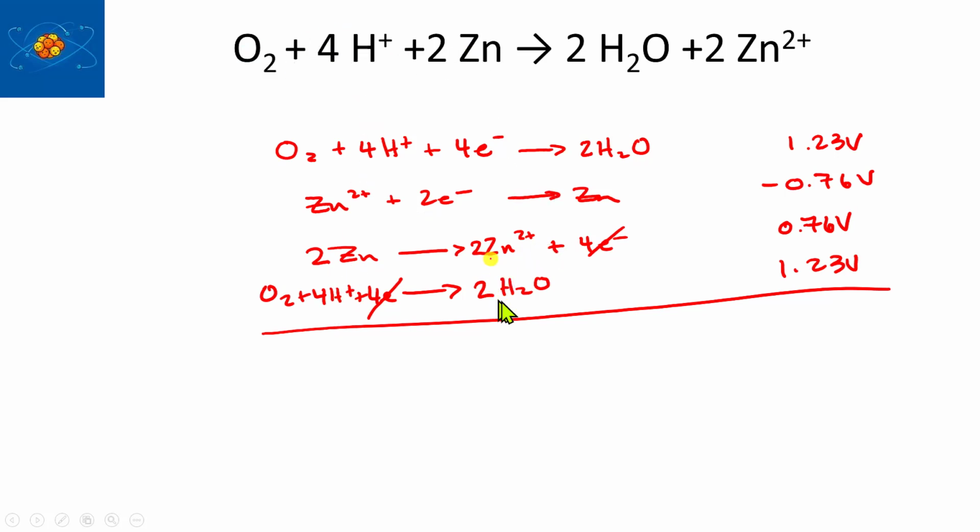So this side matches, and I have zinc 2 plus and 2H2O, and that matches this side of the reaction. So when I add these two together, I just have to add the resulting voltages together. And that should be, looks like 1.99 volts, if I did my math right. Okay, so that's the voltage for this electrochemical cell.